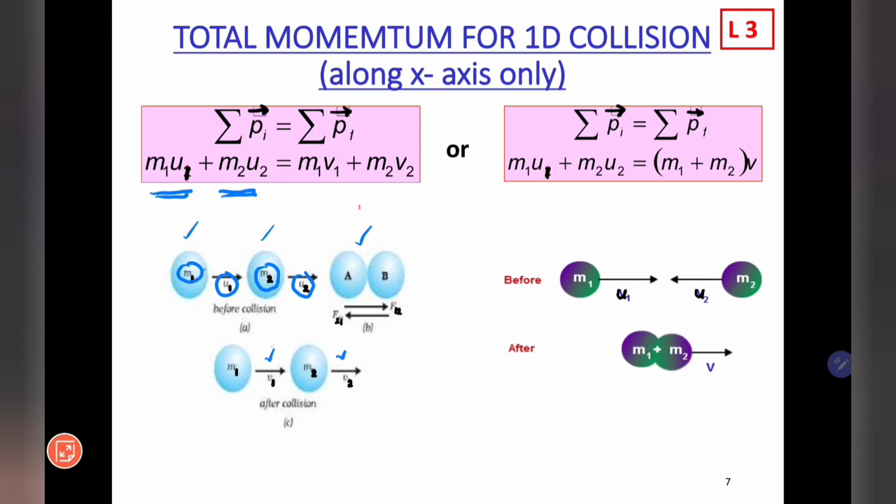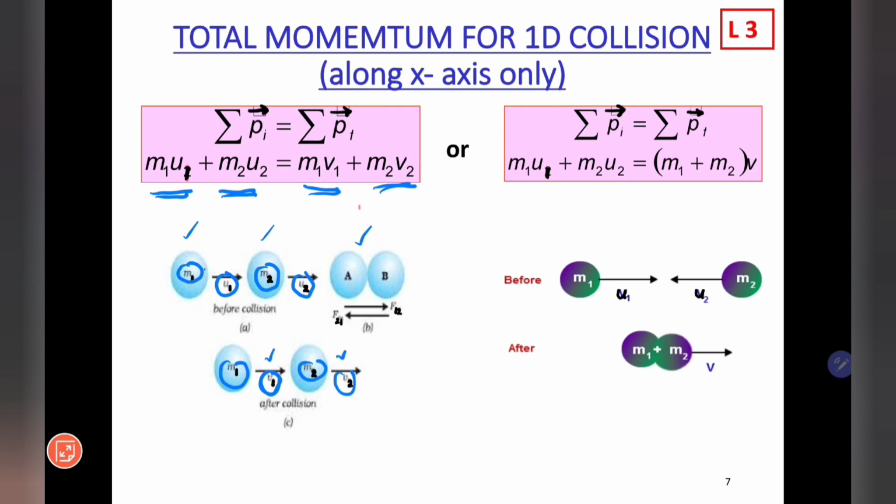And after the collision, what happened now? These two objects are still moving to the right, isn't it? So the speed of the first body now is V1 and the speed of the second body is V2. So the momentum of the first body is M1 V1, and the momentum for the second body is M2 V2.